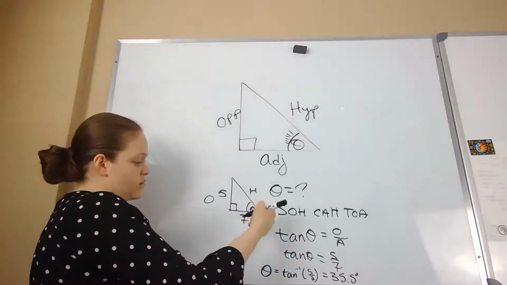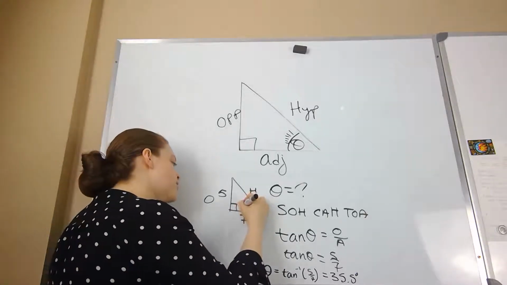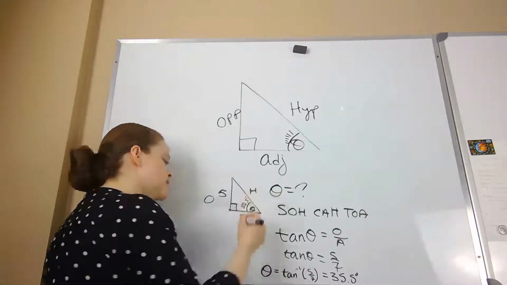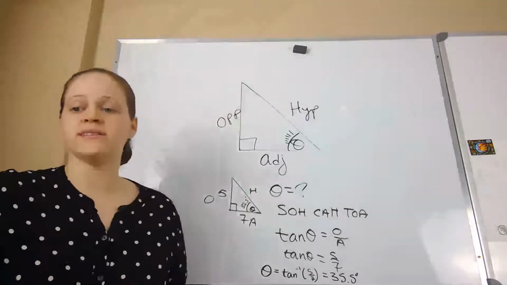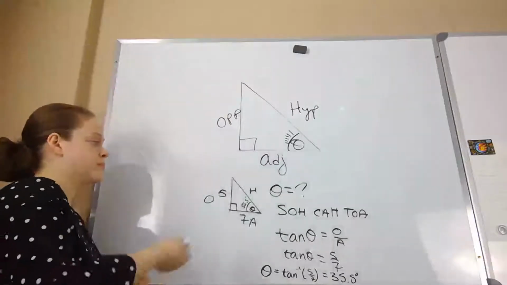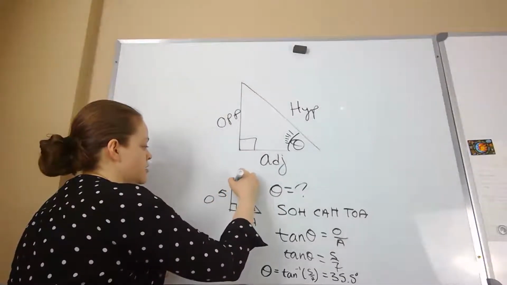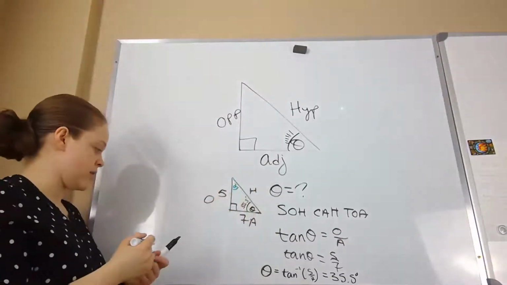Okay, so if we know that this angle is now 35.5 degrees, we can also get the other angle even though we weren't asked for it. Do you know how to do that? We'll say this is called alpha.